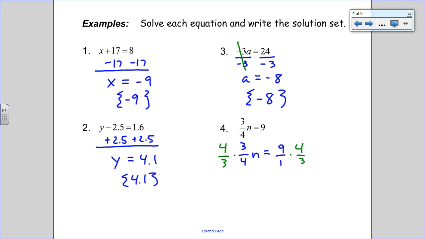Now to perform the multiplication, notice that on the left-hand side, we have a value of 1n, so n has been isolated. And on the right-hand side, we can simplify and then multiply 3 times 4 to obtain our solution set.